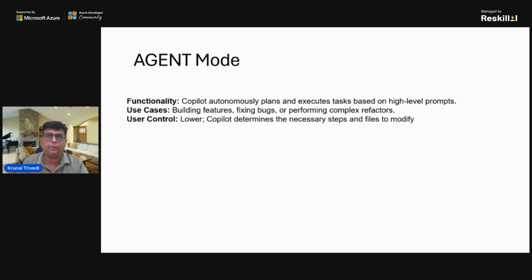It is aware of your application structure. It is aware of your application context. And then it gives you suggestions that you can accept, continue, reject, or cancel, like that. Here we have lower user control because it is autonomous, right? And it works repeatedly, iteratively. We'll discuss it and see the practical when we work on it.